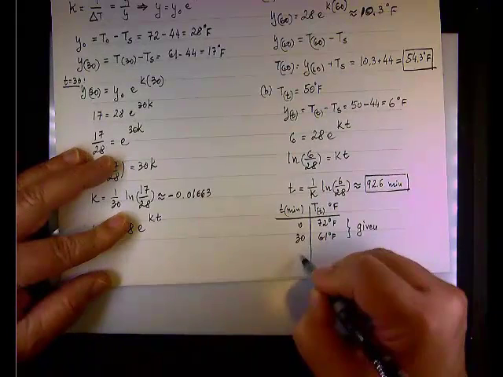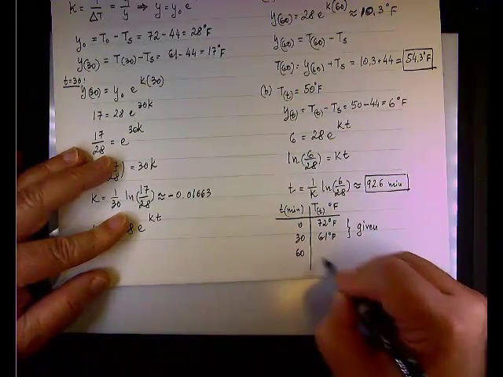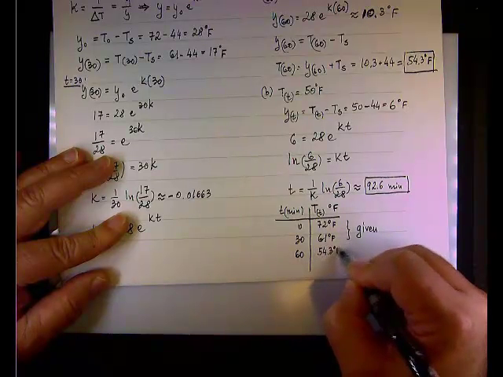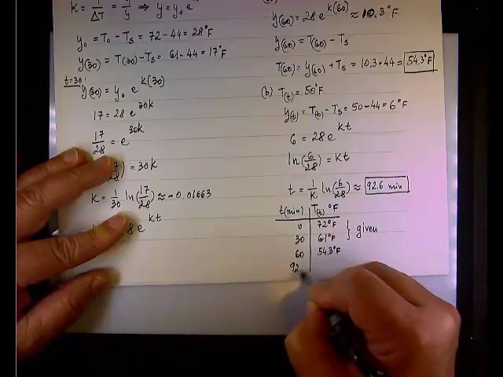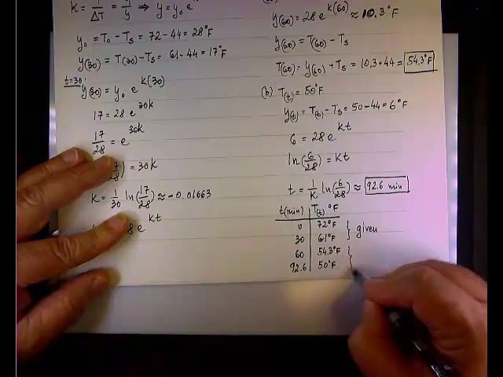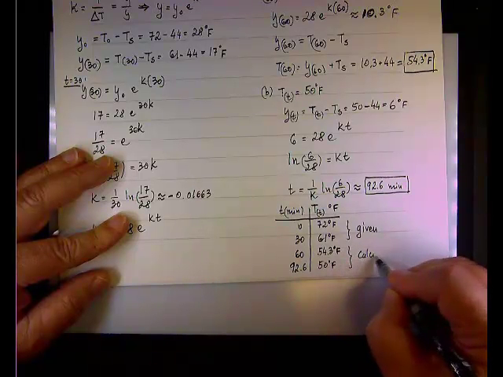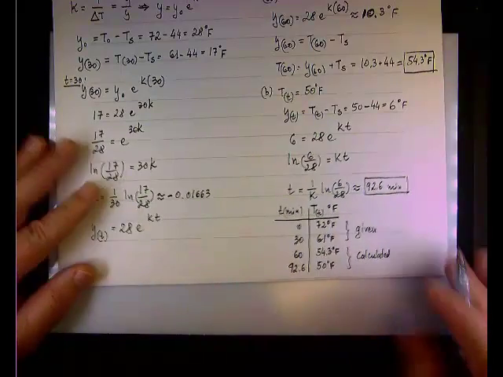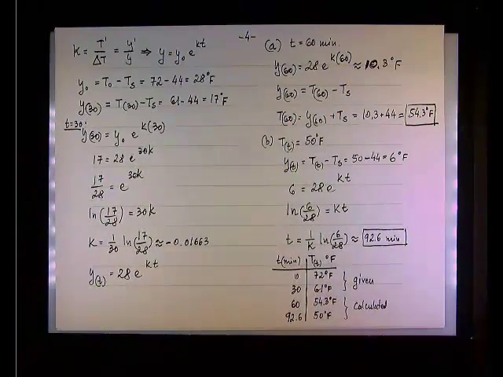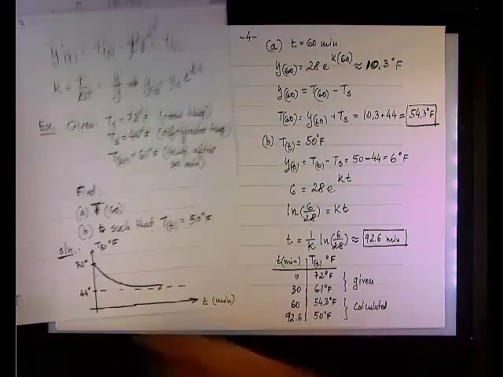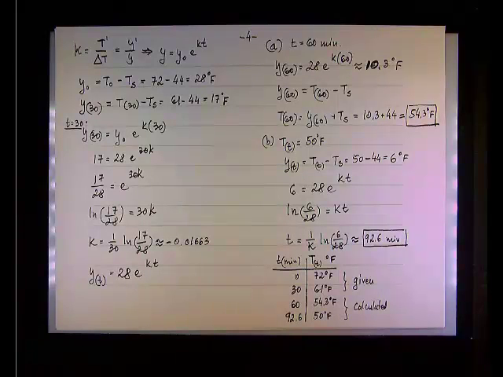What we end up calculating, at 60, we end up having 54.3, and at 92.6, we end up with 50 degrees. So this was calculated. And the point is, it's consistent with the exponential decay function that we started with. So this is an example of an application of Newton's cooling law.